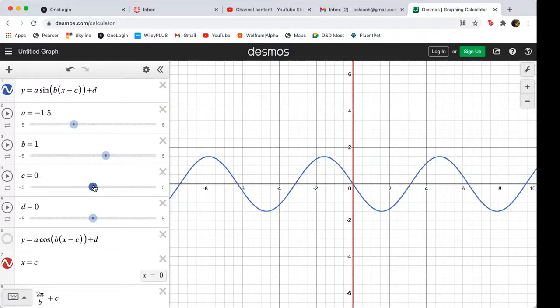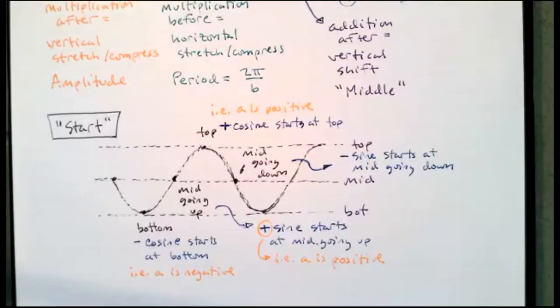So this is what I mean when I talk about the cosine starting at the top. That tells us that if A is positive and we have a cosine, then the value of C is going to be the top. That's going to be where things start. And like I said, it is ridiculous to call it the start because the graph goes on forever in both directions.